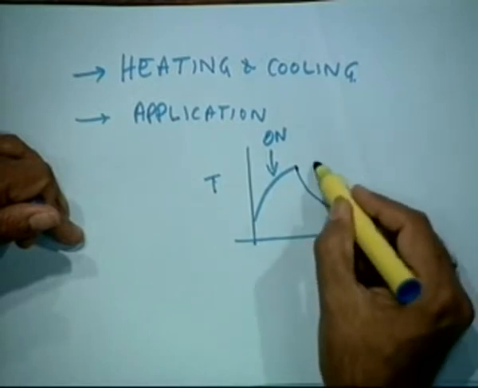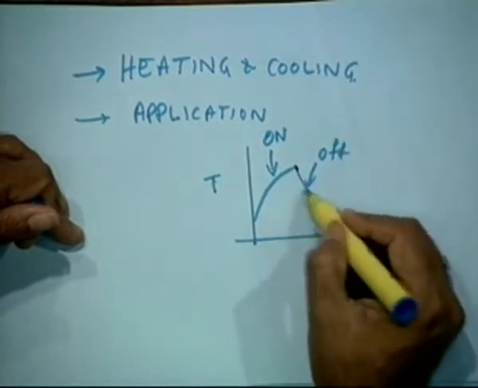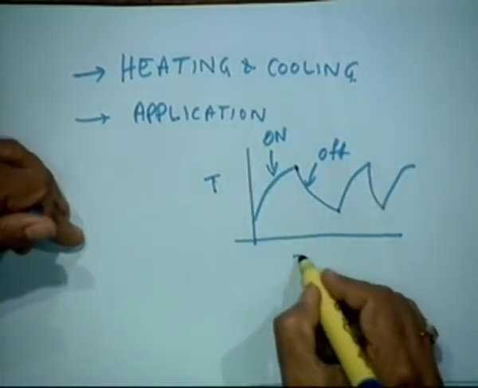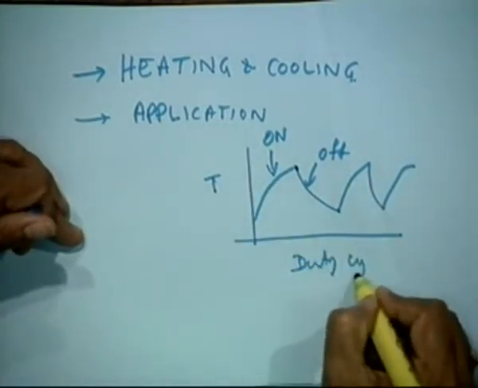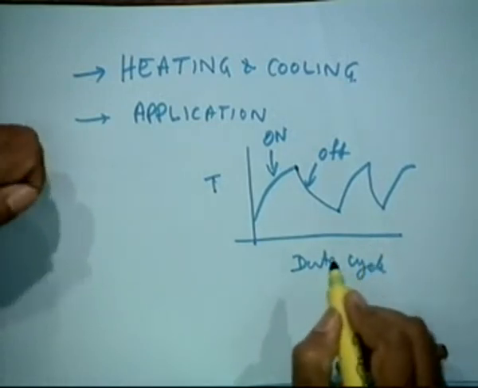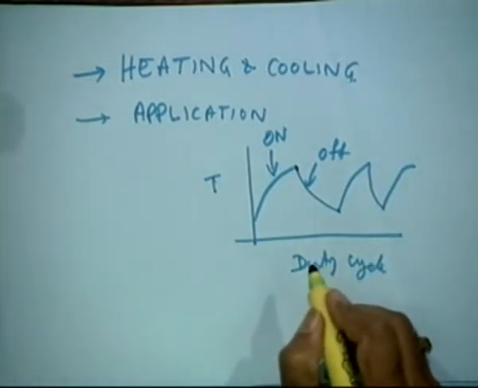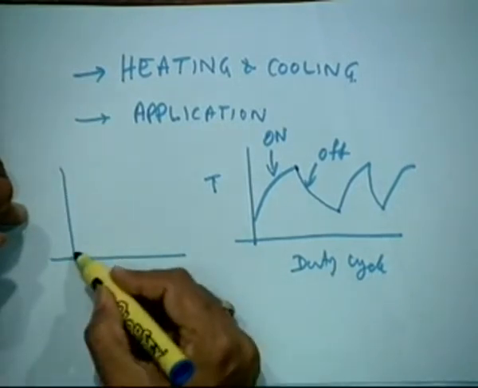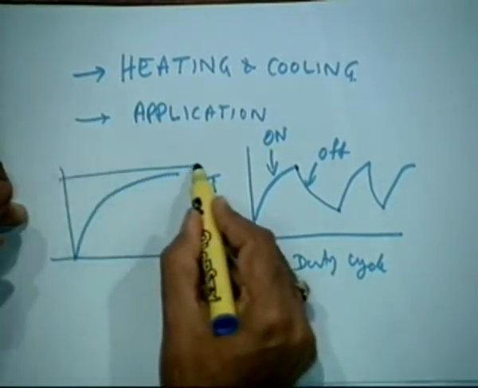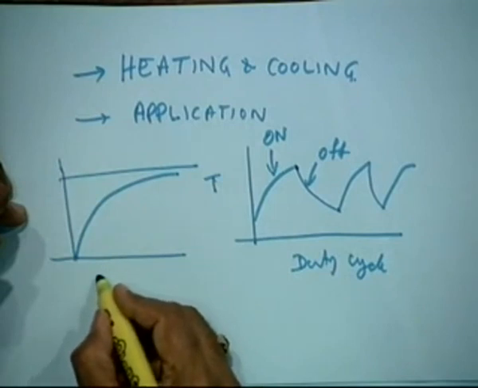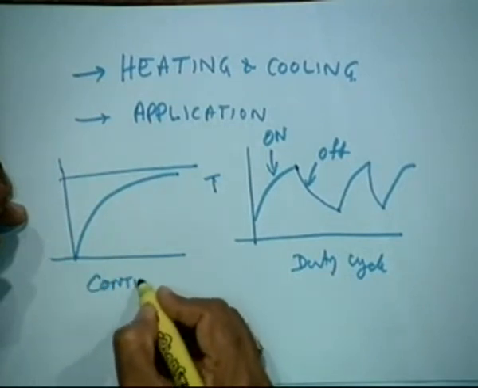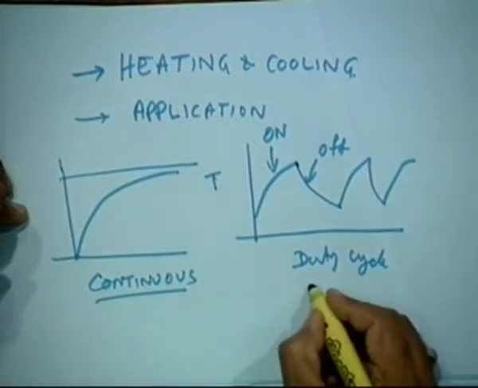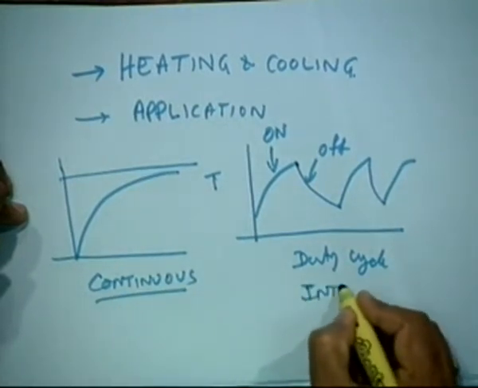Supposing you switch the machine off, it will go down. This is called a duty cycle. It is not continuously used. For example, if it is a fan, it is continuously used, so the temperature rise will just go like this and come to a stabilized point. This is steady, this is continuous, and this is duty cycle, this is intermittent.